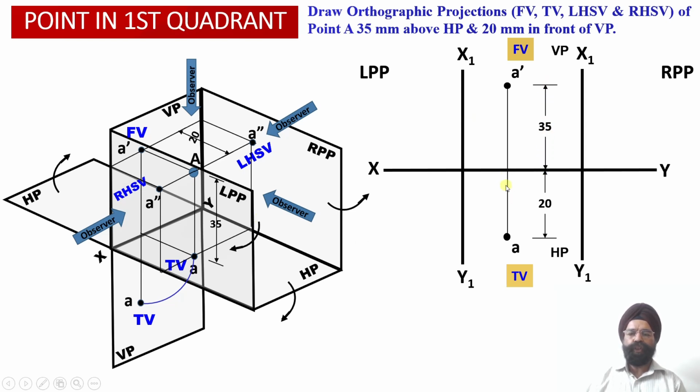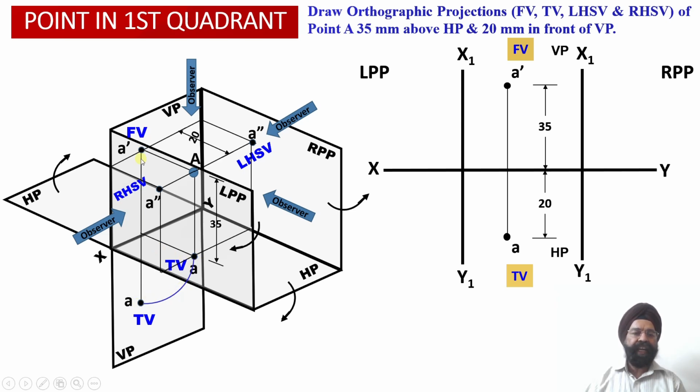Similarly, we have also drawn point A, which is the top view orthographic projection, and we have already discussed that they were obtained onto the horizontal plane over here, and A dash and A were available onto the mutually perpendicular reference planes. Now the horizontal plane has been rotated in the clockwise direction.